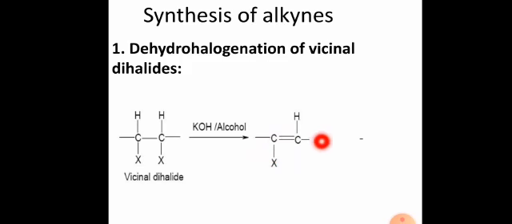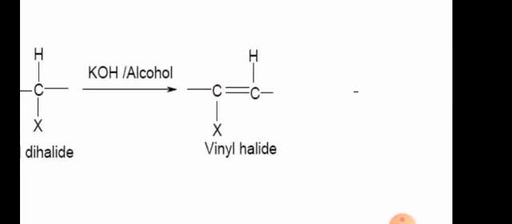They can easily separate from the reactants, so we can remove the same thing in the second step, right? Now we remove the second pair of HX, which will give you a second double bond. So these intermediates are vinyl halides.